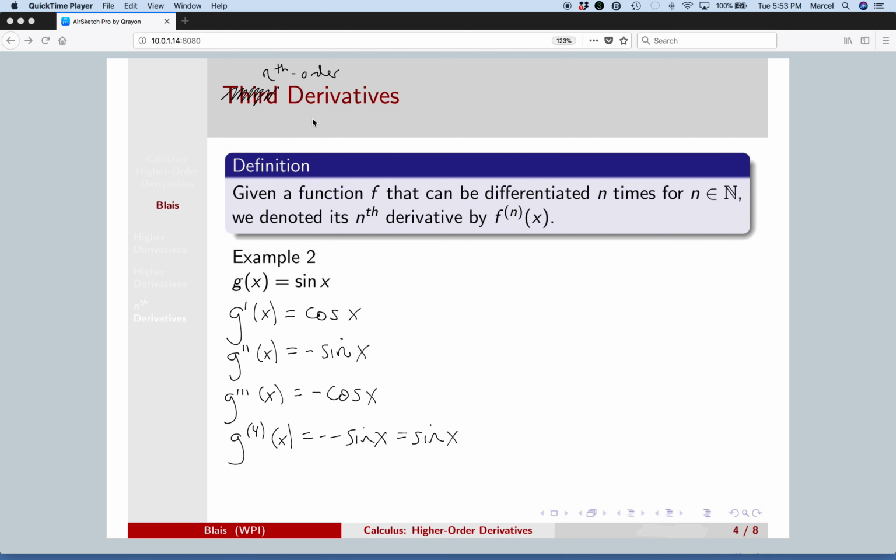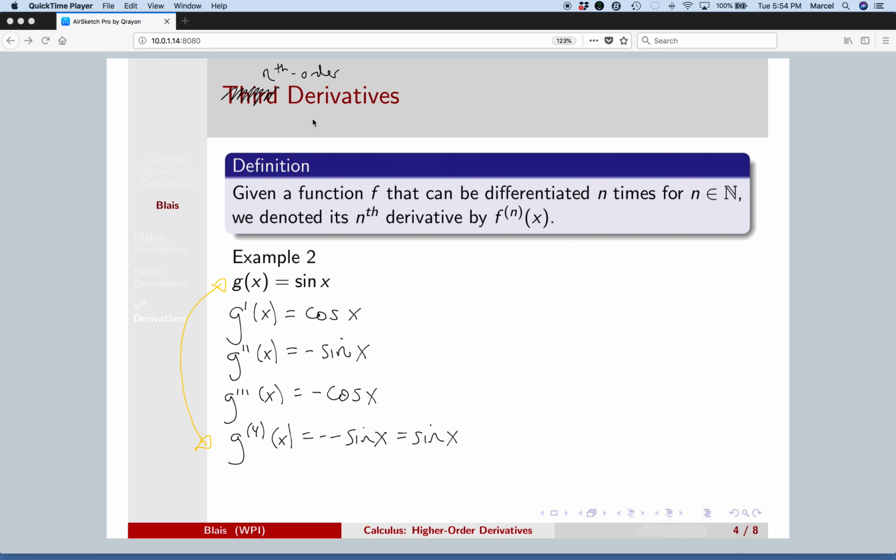But now let's note something. Look at this set of higher order derivatives and think about the pattern. And what you want to note is that this fourth derivative matched the original function.